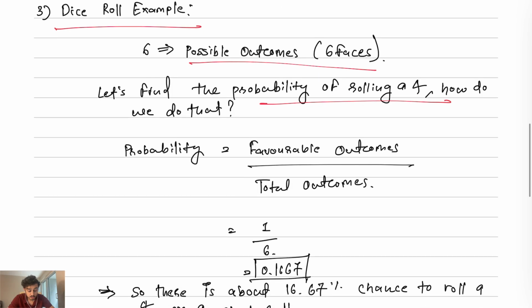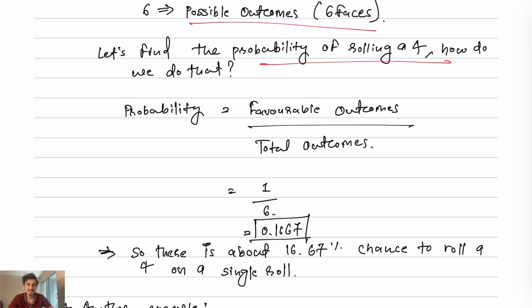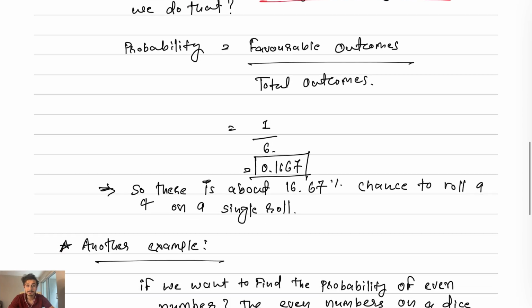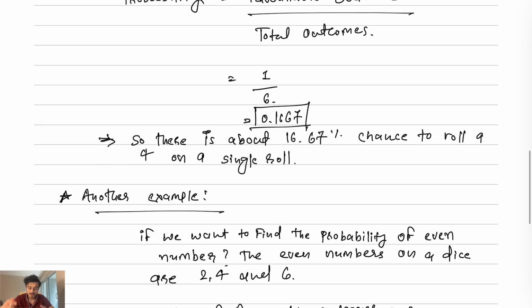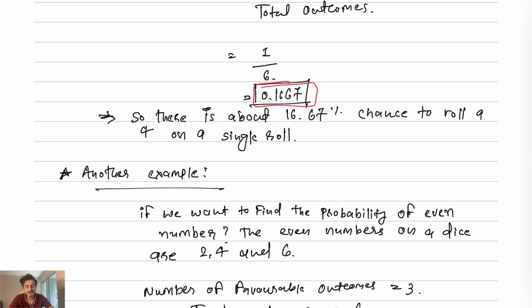Now we want to find, when we roll a dice, what percent chance there is to get a 4. It's only one chance, right? Either you get 1, 2, 3, 4, 5 or 6. At a time it can be only one. So the favorable outcome, we want to find a 4, is 1, and 1 by 6 is equal to 0.1667. So there is about a 16.67% chance to roll a 4 on a single roll. So it's very easy and understandable.